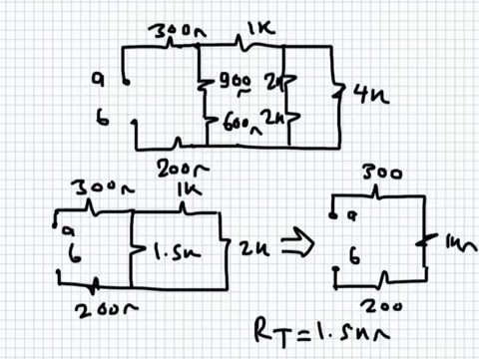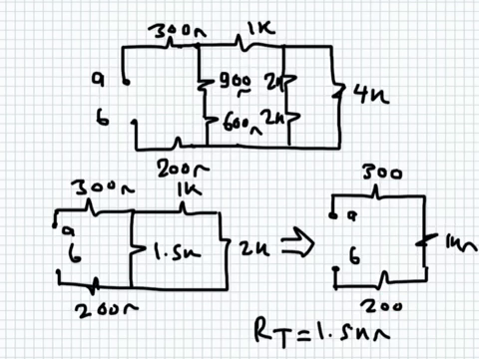Now we can do further simplification. You have 2K in series with 1K, this will give you 3K. 3K in parallel with 1.5K will give you 3 multiplying by 1.5 over 3 plus 1.5, which is 1K. So the equivalent resistance of this circuit is simply this one loop here. You have 1K in series with 200 ohm, in series with 300 ohm, so it will give you 1500 ohm.